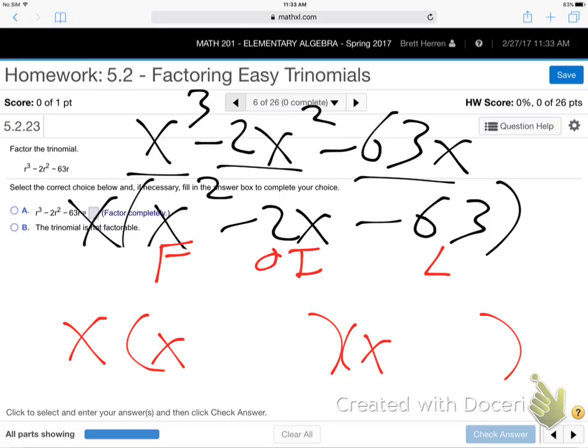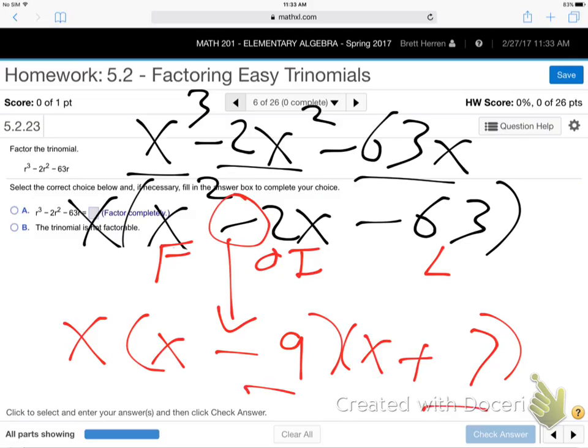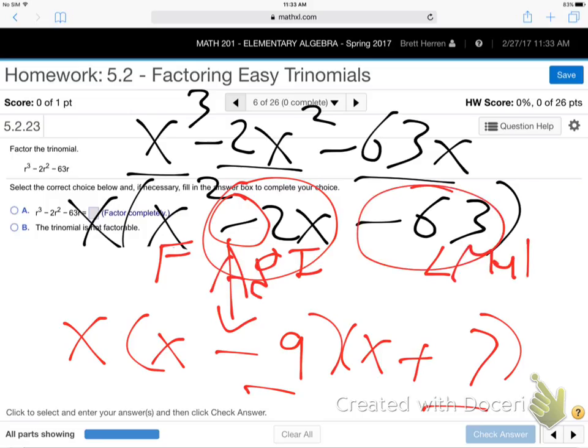What times what is 63? 9 and 7, 7 and 9, either order, doesn't matter. And sign in the middle: negative goes on the bigger. The other one's plus, right? If you lose $9 and you gain $7, you lost $2, didn't you? And they multiply. Negative times positive makes negative. They multiply to be negative, they add to be the middle. It's all working out. Good there? It's making sense? Questions?